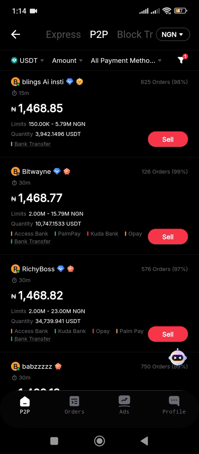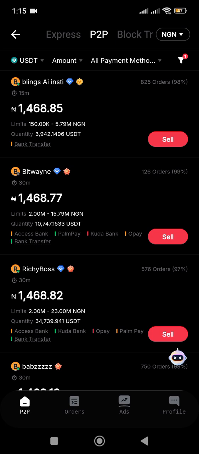So there are do's and don'ts. There are things you need to avoid while trading on P2P. Some of them will message you and give you a different account for you to pay into. You don't succumb to such. Because if you pay to an account that is not the one registered on the exchange platform, maybe the name of the account they gave you is not the same as the name they use on their exchange platform, it means there's no way you can recover your money.